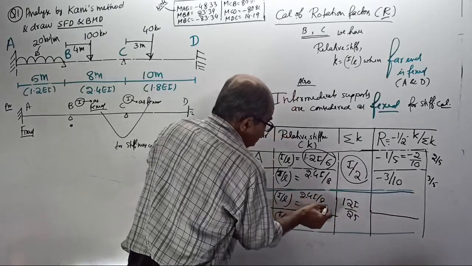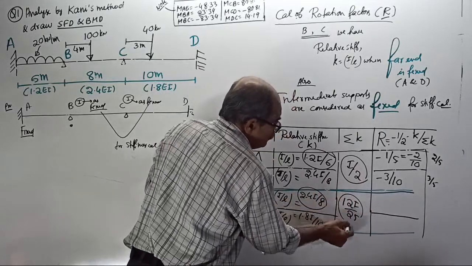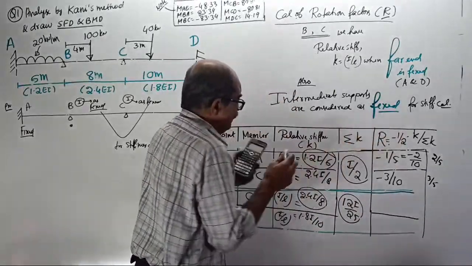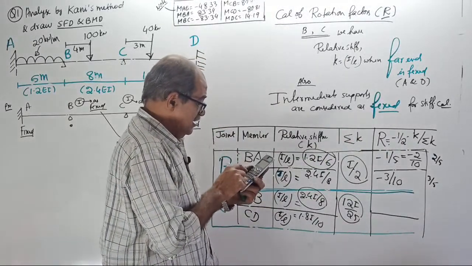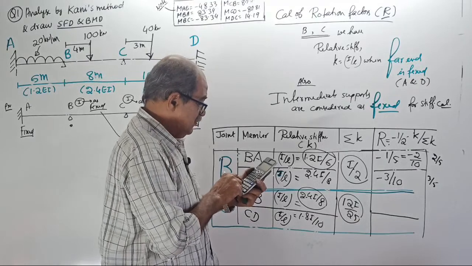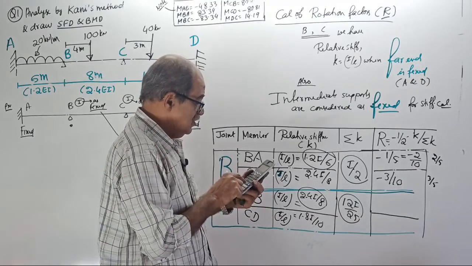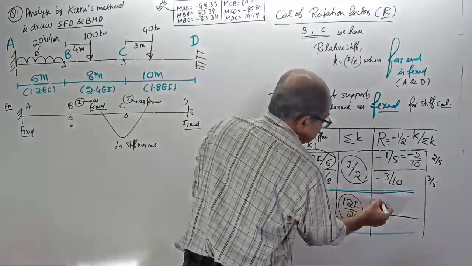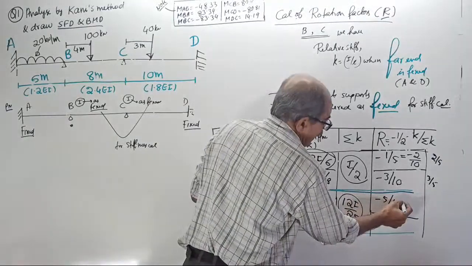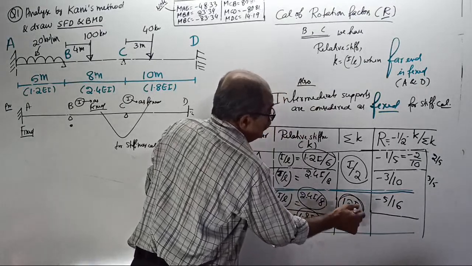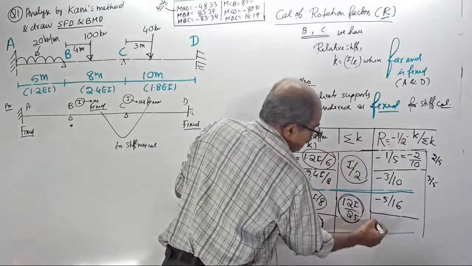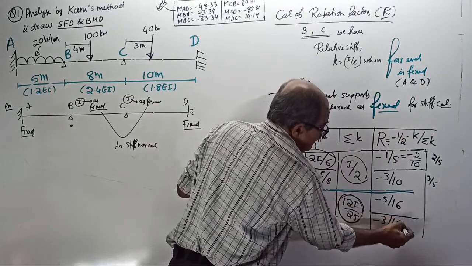Now, this value divided by this value into minus half will give you reciprocal into 2.4 by 8 into 0.5. 5 by 16, minus 5 by 16. This value divided by this value into minus half will give you minus 3 by 16.